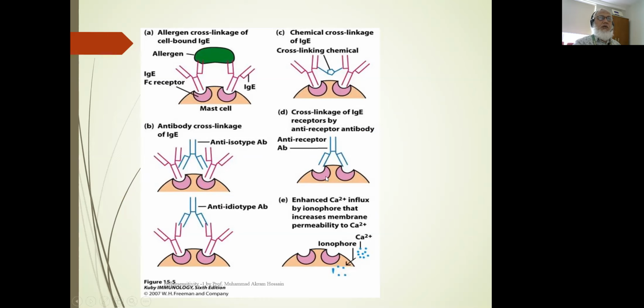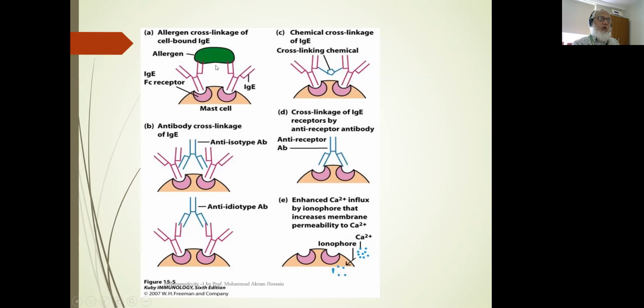Say these FC receptors are not occupied by immunoglobulin E, but some antibody against the receptor binds here, cross-links here, that can also lead to mast cell degranulation. Finally, enhanced calcium influx by ionophore that increases membrane permeability to calcium, that can cause mast cell degranulation. So there are a total of 5 mechanisms.